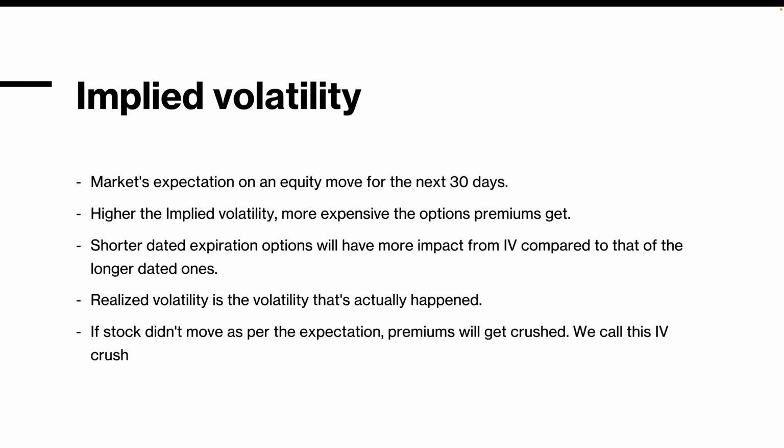Same with the stock market. The stock market has expectations on a particular stock as well, and they price those expectations into the options premium. Like there is a saying, let's say there is a salmon shortage in the Pacific Ocean, the market is going to price in everything.